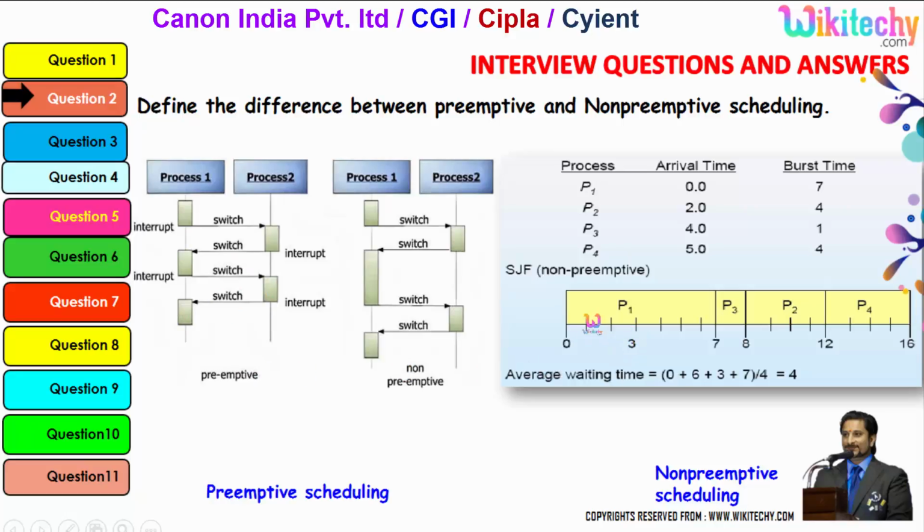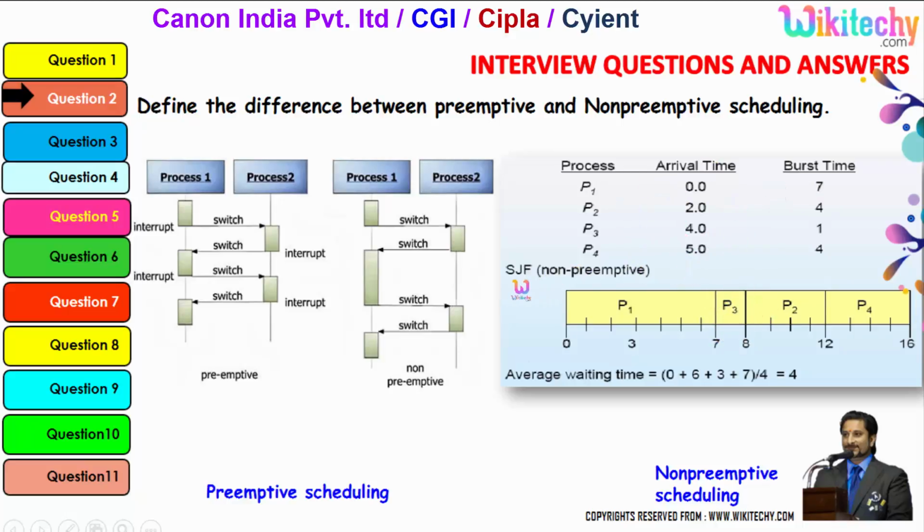Whereas non-preemptive scheduling is like once a process comes, until it finishes, the next process won't start. You can see it here. P1 is there, with arrival time 0 and execution time 7. Considering these are seconds, until 7 seconds the next process is not coming.